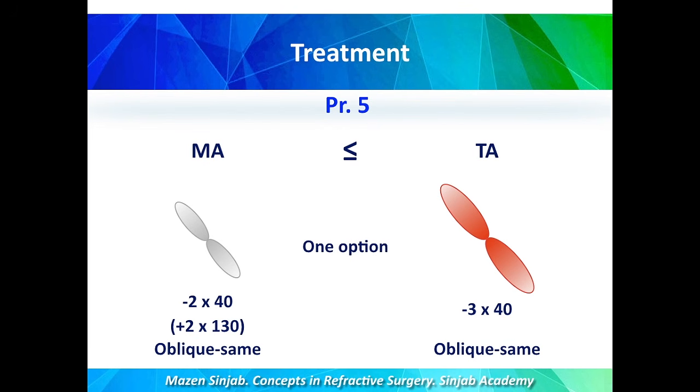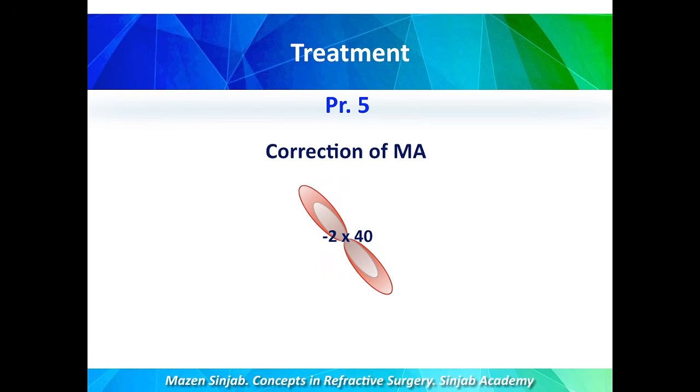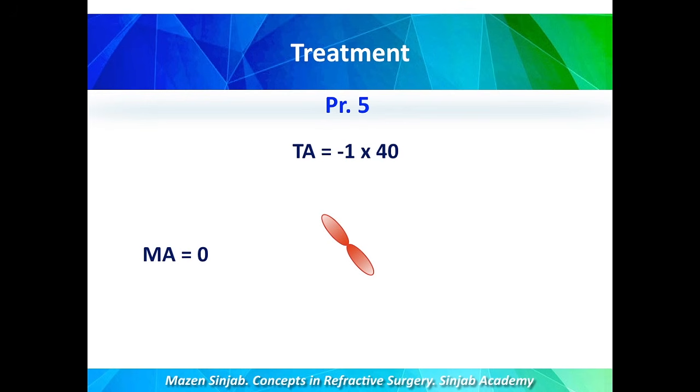We have only one option. This option is to treat the manifest astigmatism. In this way, we are getting rid of the manifest astigmatism, so the post-op manifest astigmatism will be 0, and we are reducing the topographic astigmatism, which stays in the same direction. So we are not converting this topographic astigmatism.